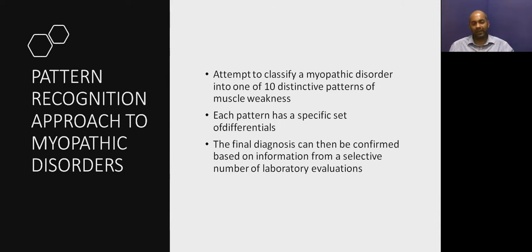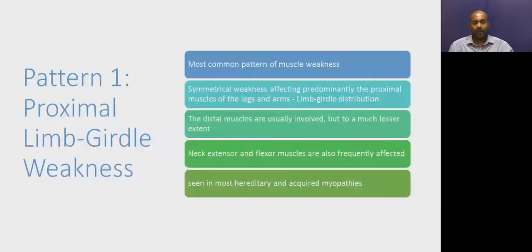After the muscle examination, we can attempt to classify myopathic disorders into 10 distinctive patterns of muscle weakness. Each pattern will have a specific set of differentials, and the final diagnosis can then be confirmed based on selective laboratory evaluation. After examination, the most common pattern we find is proximal limb girdle weakness.